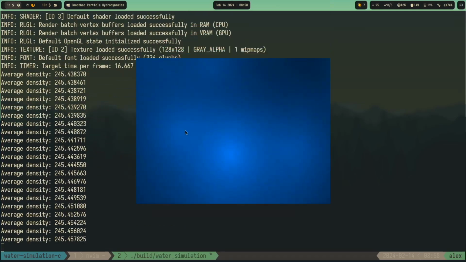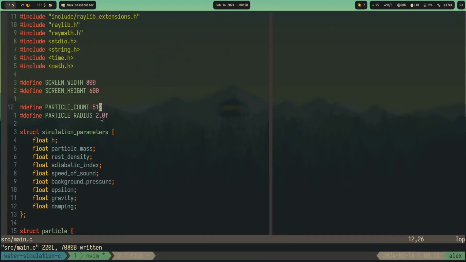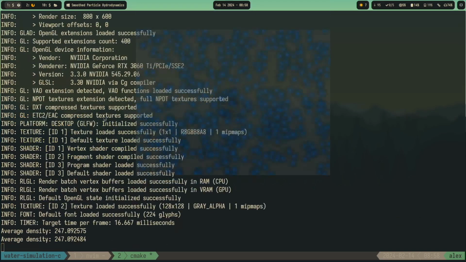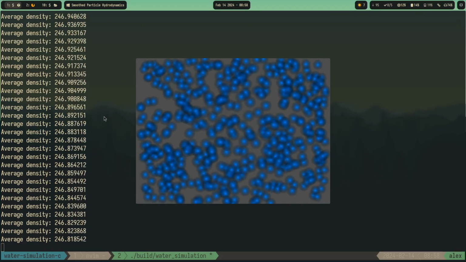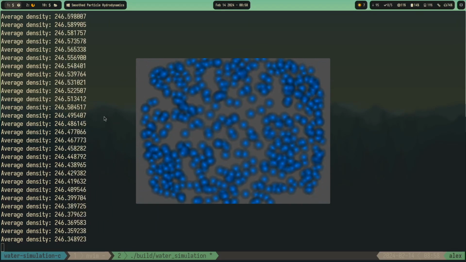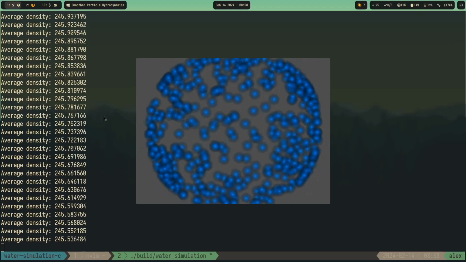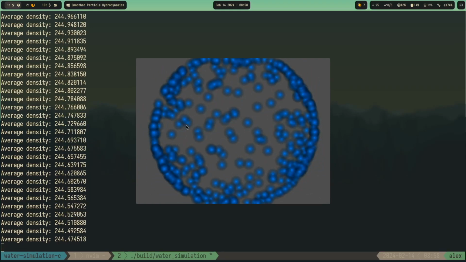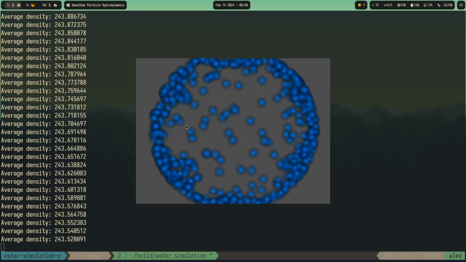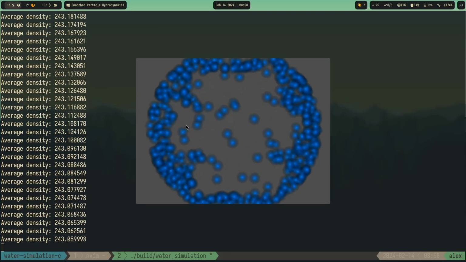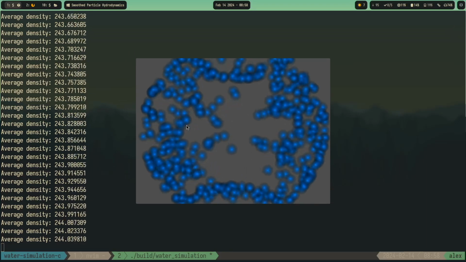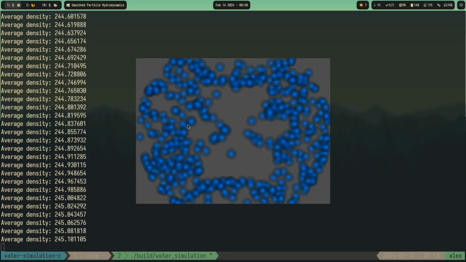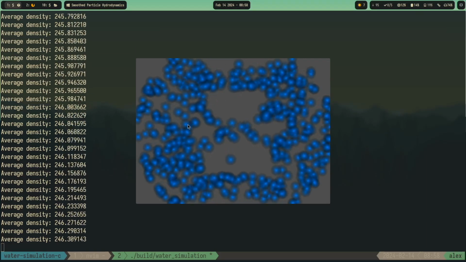Okay, it's too large. 0.1. Well, at least now it's a bit better.